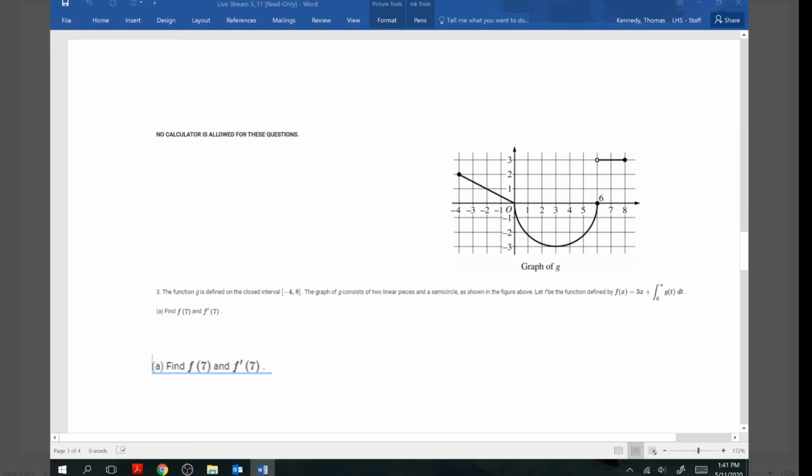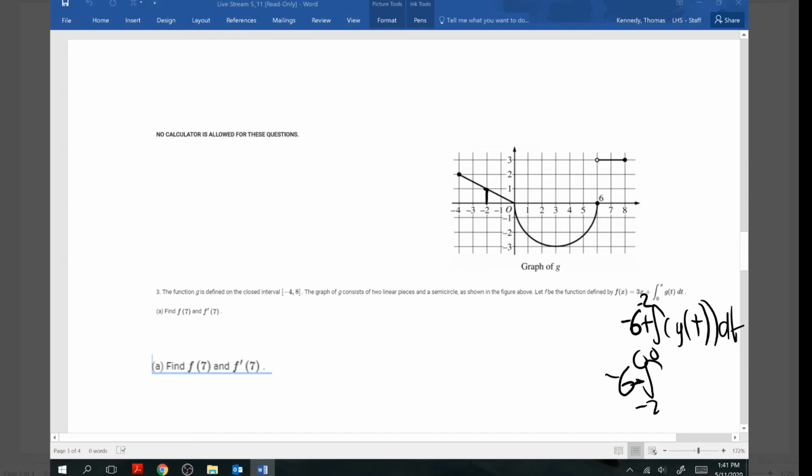F of negative 2 is negative 6 plus the integral from 0 to negative 2 of g of t dt. And from 0 to negative 2, I should swap the bounds if I want to be going from left to right, negative 2 to 0, and put a negative in front.